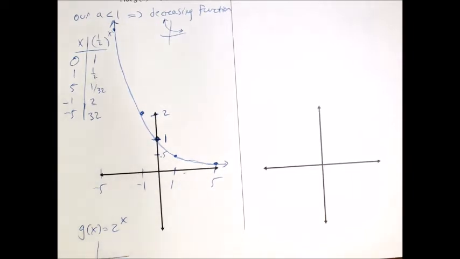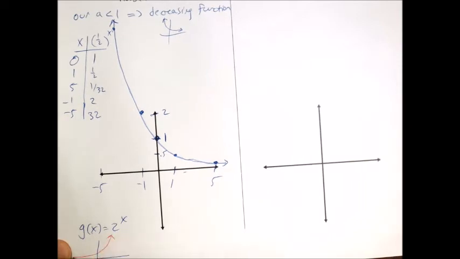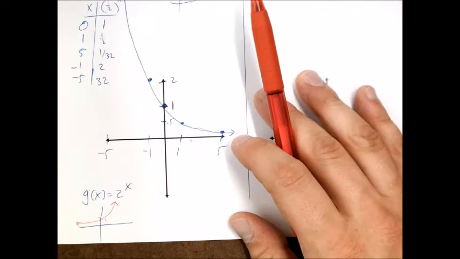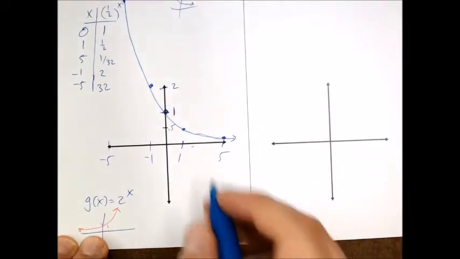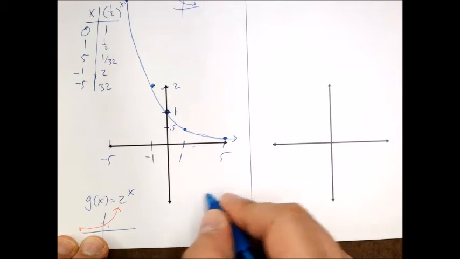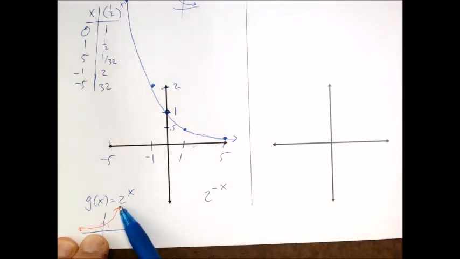We know that 2 to the x has an increasing shape and that it crosses at 1, right? Compared to 2 to the x, what kind of transformation is 2 to the minus x? How do we go from 2 to the x to 2 to the minus x in transformation terms?